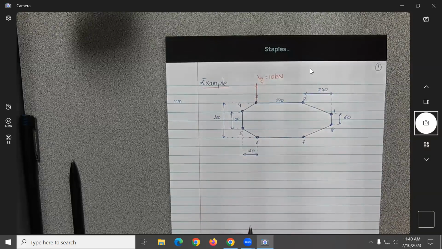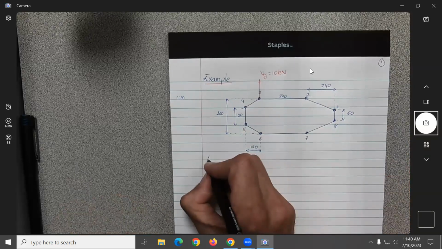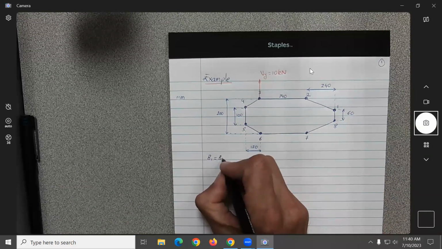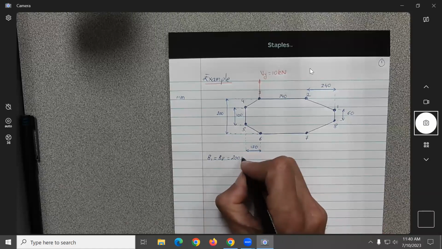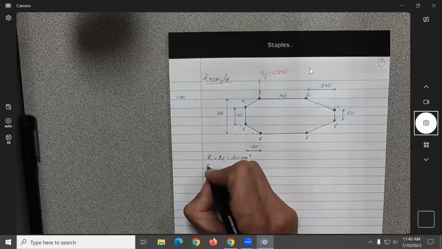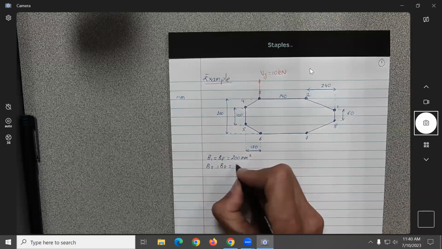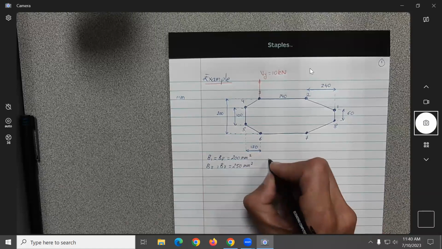Okay, so let's see. We know that B1, which is symmetric, equal to B8, equal to 200 millimeter squared. B2 equal to B7 equal to 250 millimeter squared.